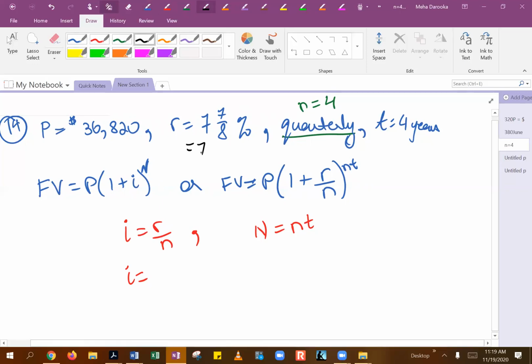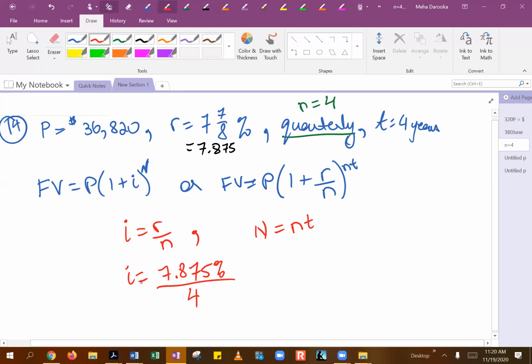If you convert the 7/8 into decimal, 7/8 is 0.875. So you would be taking your rate of interest, which is 7.875, and this is still in percent. We would need to convert that to a decimal, and you would be dividing this by 4, as there are 4 quarters in a year, and this would give you the periodic rate.